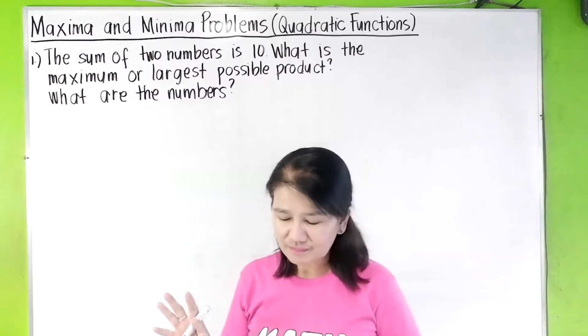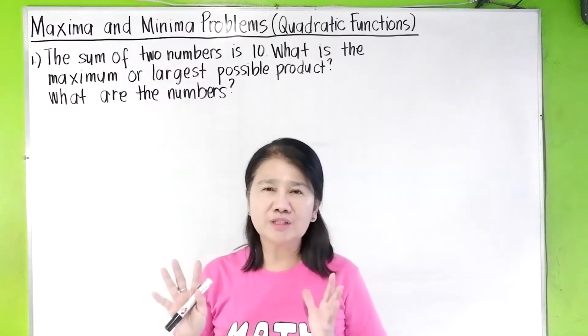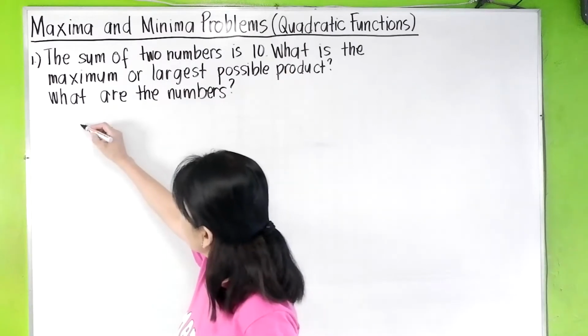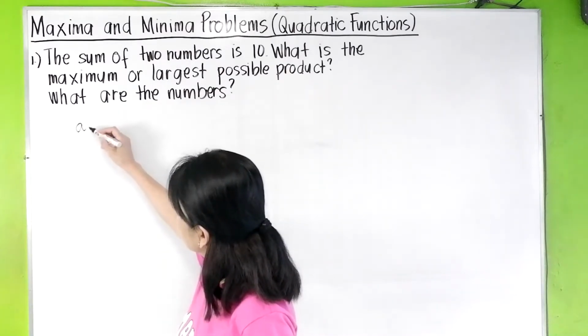Okay. Let me explain to you first the long way so that you can compare it with what I'm going to do later, introducing to you the short way. Let us say we have the following numbers here.